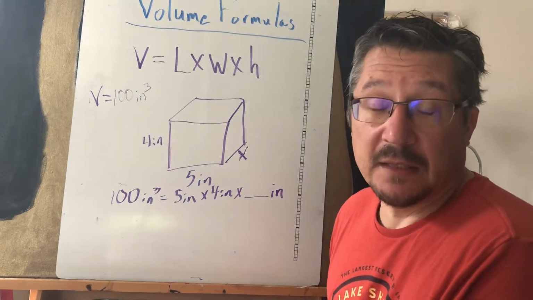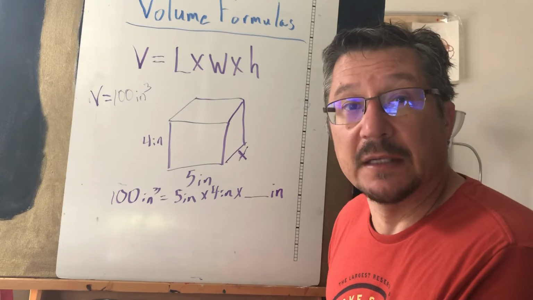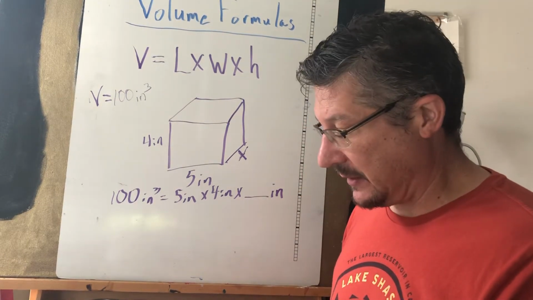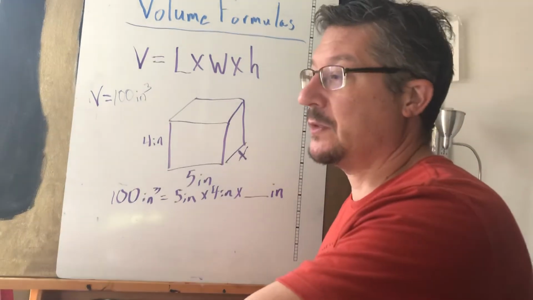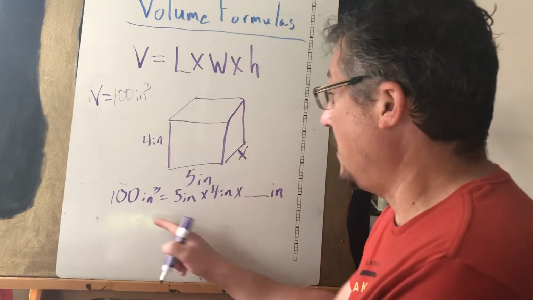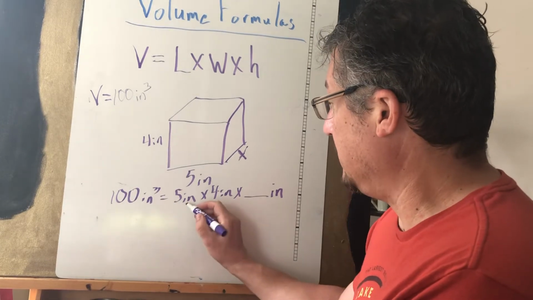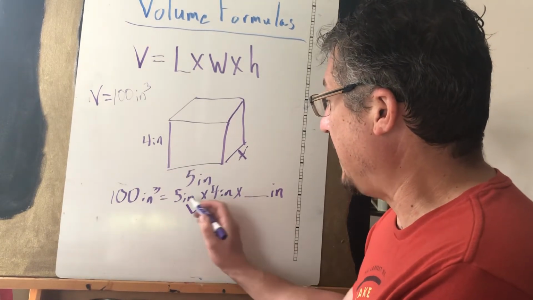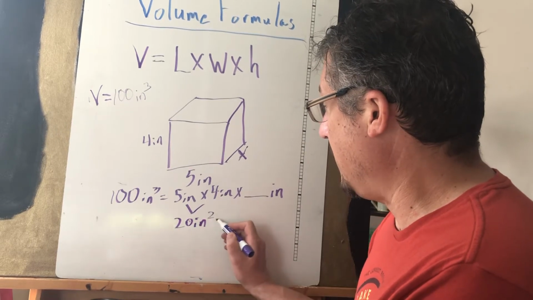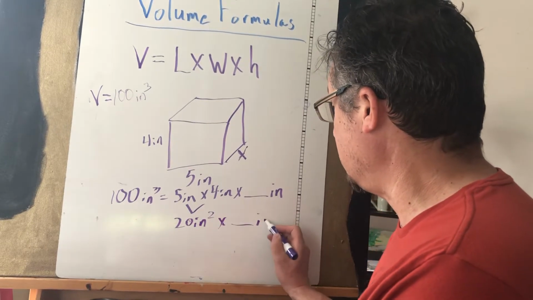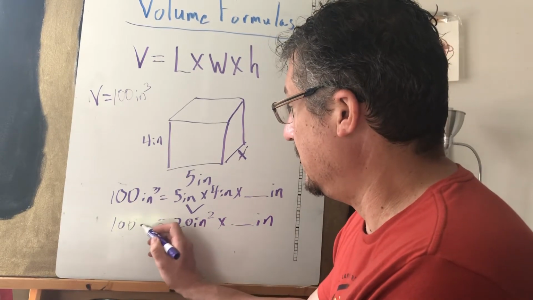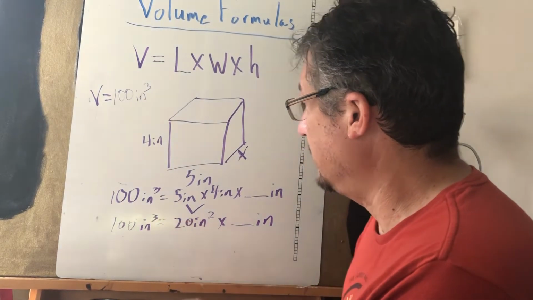So that's the one step that's a little different here, and it's the one thing that's different in 8.11. First I'm going to combine these two: 5 times 4 is 20 inches squared times blank inches equals 100 inches cubed.